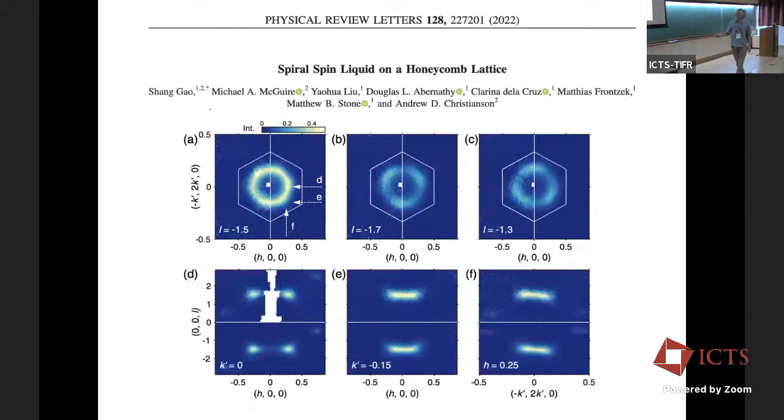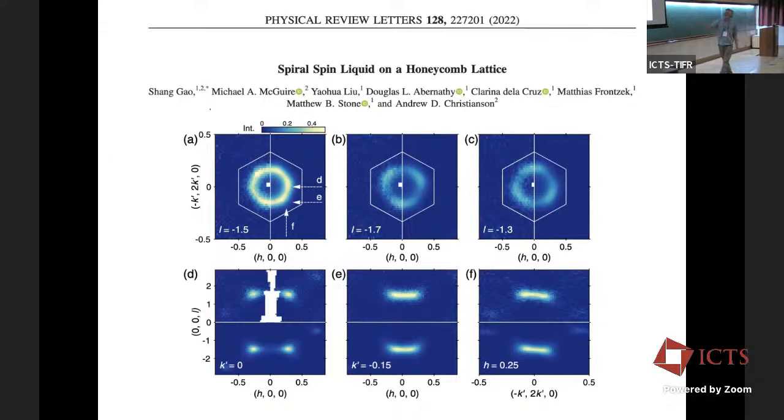And the way they can show it is that this is the neutron scattering taken at some small but finite temperature. And I think this would be the experimental plot of the intensity in a particular plane in the 3D Brillouin zone. And here, this is the simulation for a honeycomb lattice.